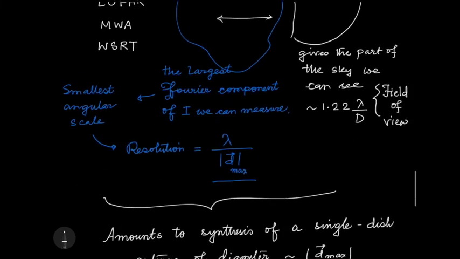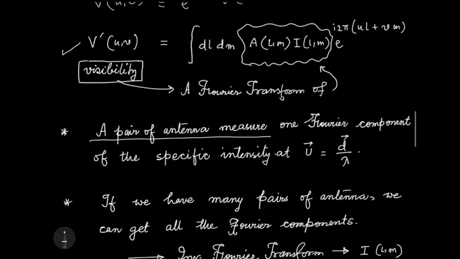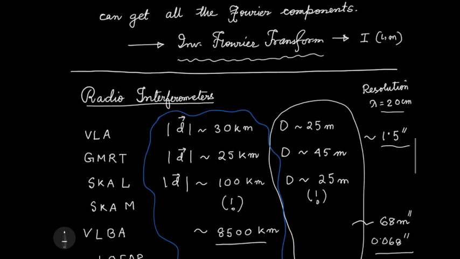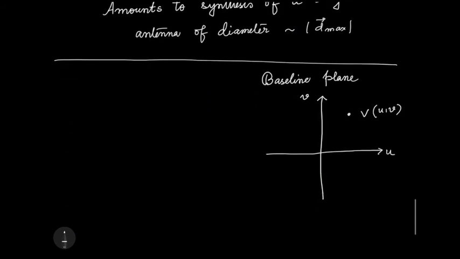Okay. Remember, visibility is a complex number. If you look at the integral here, the right hand side has all these things. So visibility is actually a complex number, and it has certain properties which I will ask you to calculate in the assignment. But it's a complex number, so you measure one complex number at each point. How many points in this baseline plane should I measure such that I can do a Fourier inversion?